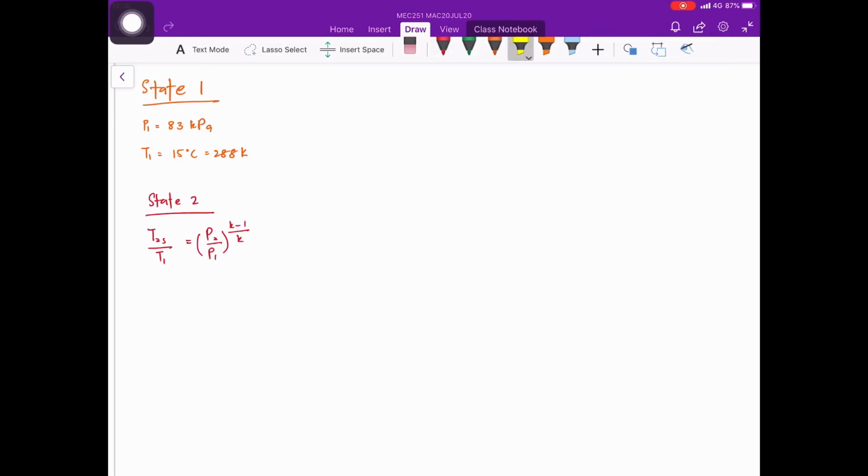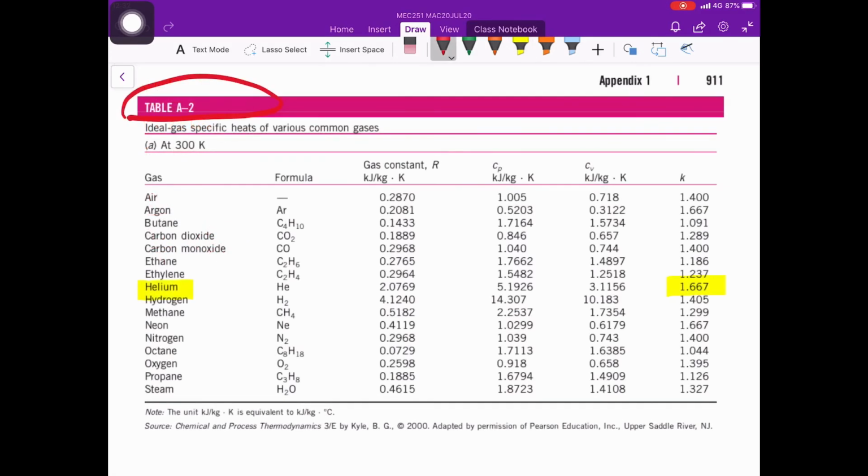We already know the temperature at state 1, and P2 over P1 is actually the pressure ratio, equal to 14. For the specific heat ratio k, we are going to refer to table A2.